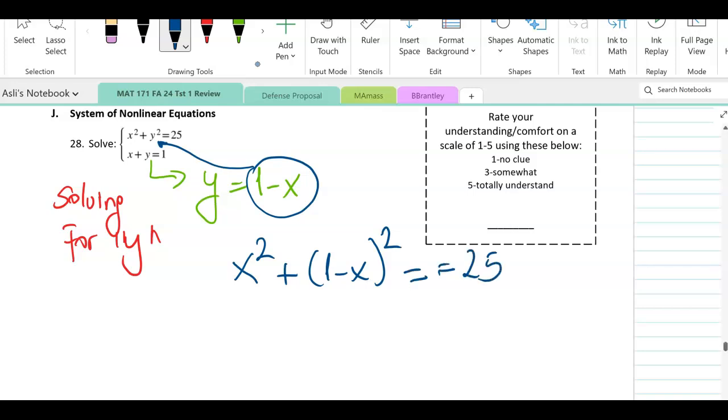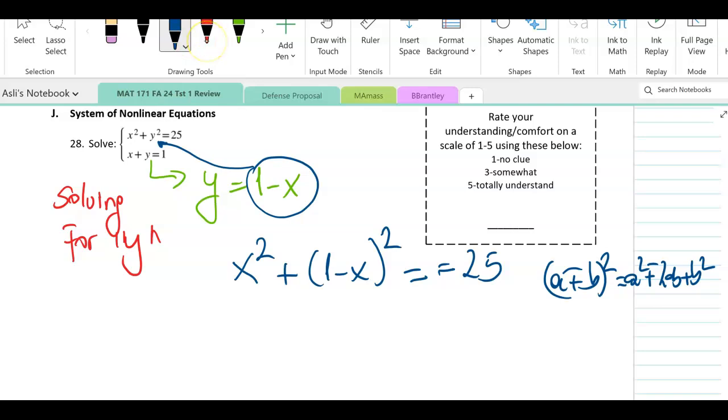Now we're opening up a binomial there. When you open up a binomial, once again, it's a 3-term expansion. Please do not forget about that. Square of the first one, plus or minus square of the second one, and plus or minus multiply first and second and double it.